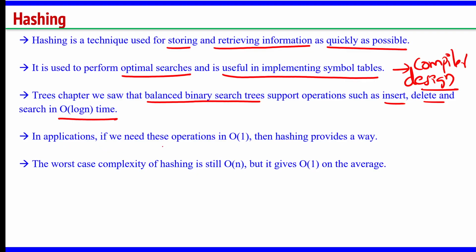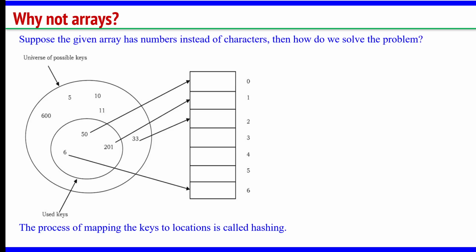In applications where we need these operations in order of 1, hashing provides a way. Hashing is the best way to improve performance and reduce time complexity. However, the worst case is still order of n, but the average case is order of 1 using hashing.